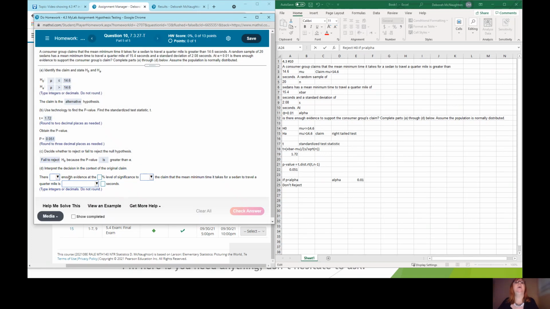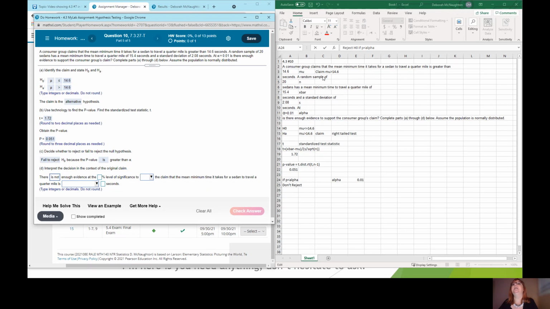All right, and then it wants us to interpret our decision based on the original claim. So whenever you don't reject, then you're always going to say there is not enough evidence. Whenever you reject, you'll say there's enough evidence. If we reject, then we say there is evidence to support the claim, since the claim is the alternative.